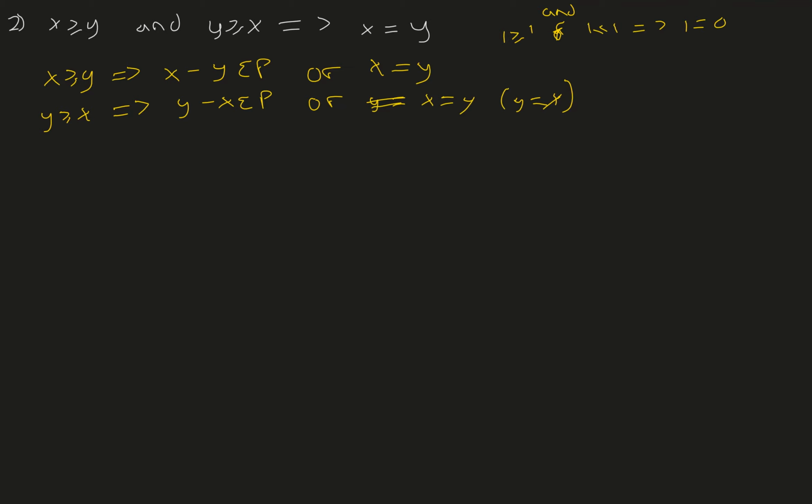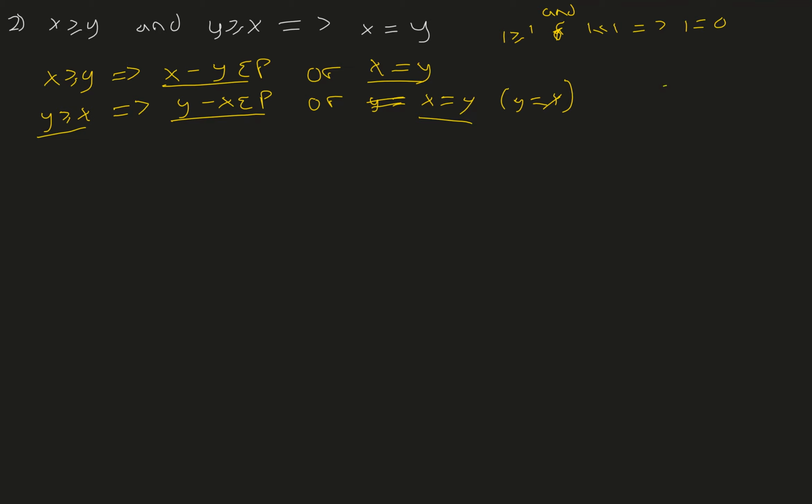So there are two possibilities here. x being greater than or equal to y means either x is greater than y, in this case x minus y is in P, or x is equal to y. y being greater than or equal to x means either y is greater than x, in this case y minus x is in P, or x is equal to y.